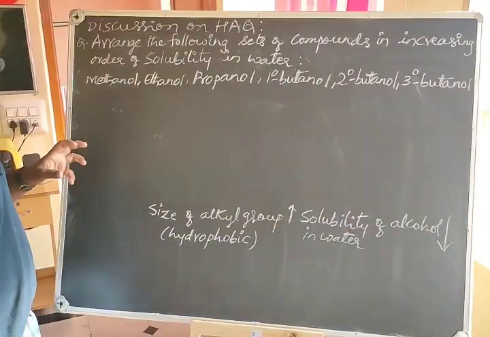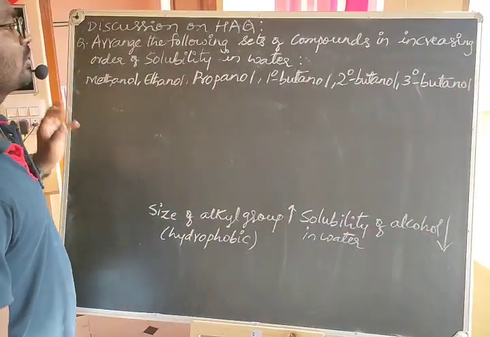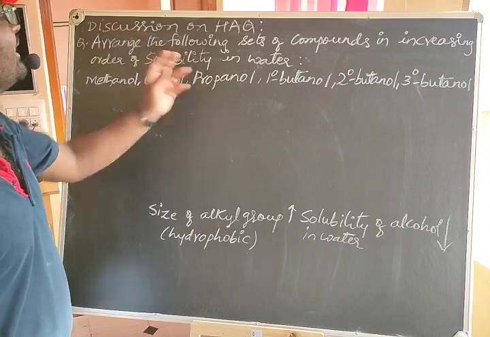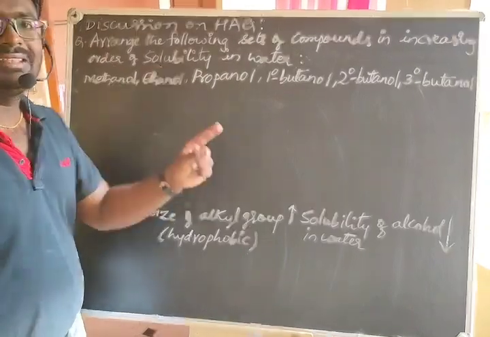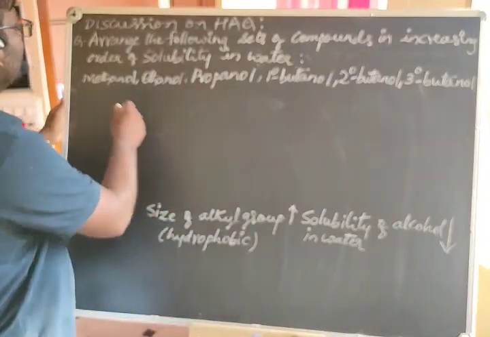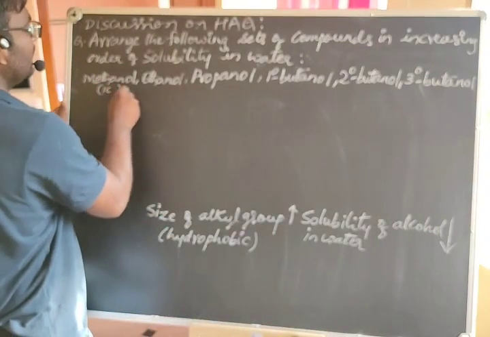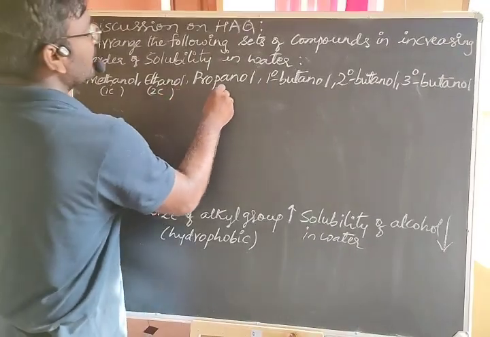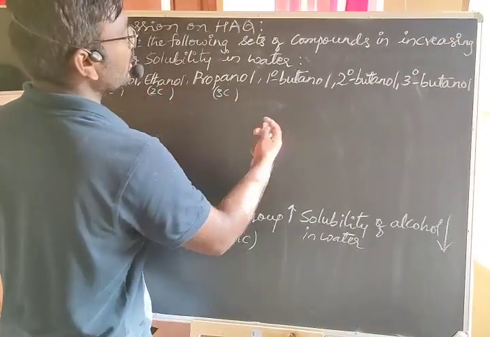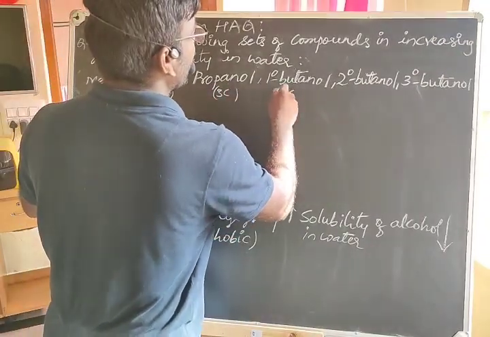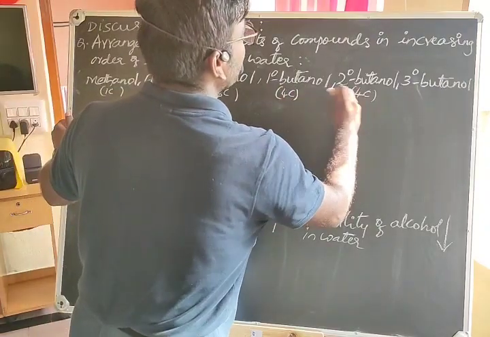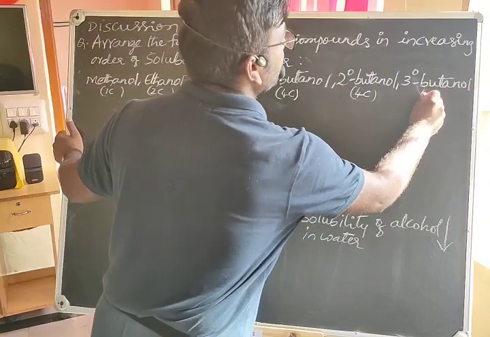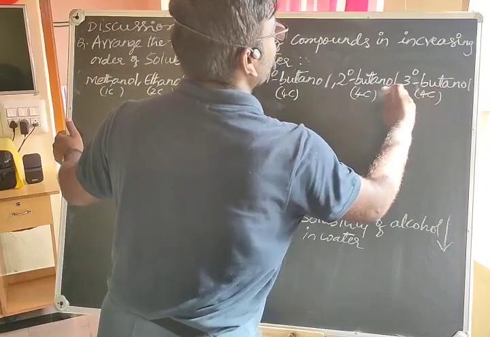So with this idea we shall solve this question. We have to write in increasing order of solubility, so we have to consider the lengthiest molecule. Here it has one carbon, here two carbon atoms, three carbon atoms. In this butanol there are four carbon atoms, and it is a primary alcohol; here also four carbon atoms, and it is a secondary; and here also four carbon atoms, but it is a tertiary.